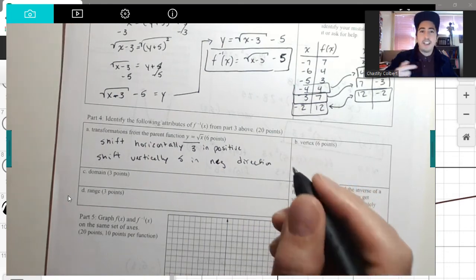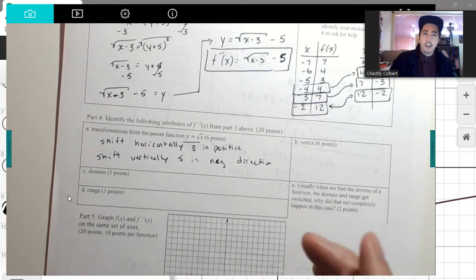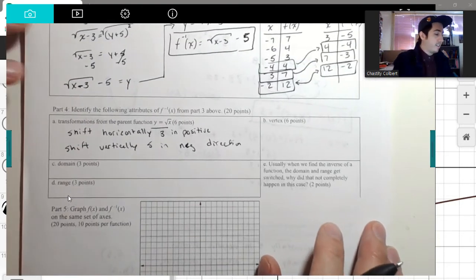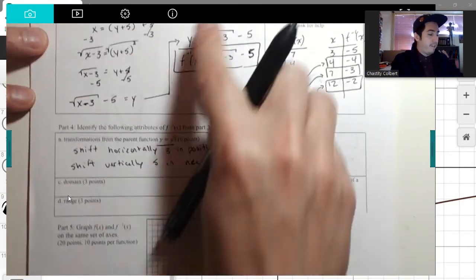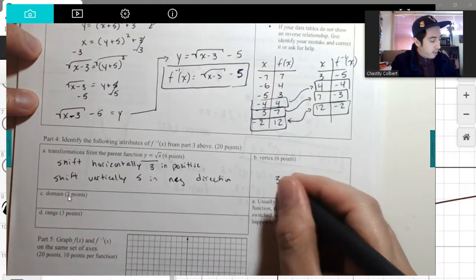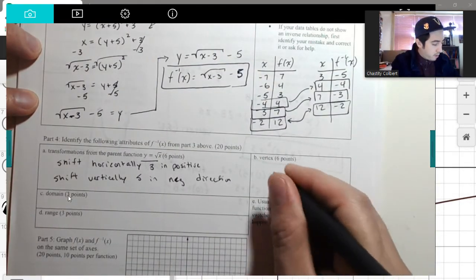It went 3 to the right and 5 down. You know, there's a lot of different ways to say that. The vertex of the original is at negative 5, 3. This vertex is at 3, negative 5. Just the opposite.